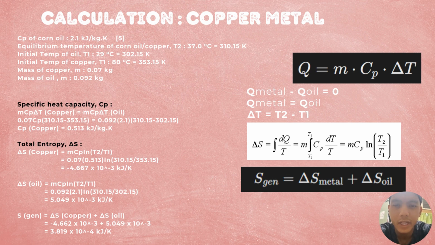By using the data that we have recorded and got from the internet, we can find the specific heat capacity Cp for copper and total entropy. Using the formula Q metal minus Q oil equal to 0 that was explained in the methodology, we can rearrange the equation to Q metal equal to Q oil, and also we know that Q equal to m Cp delta T. It means delta T here is T2 minus T1.